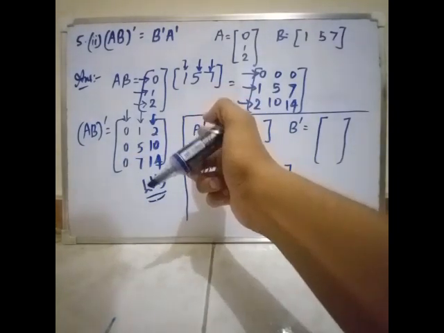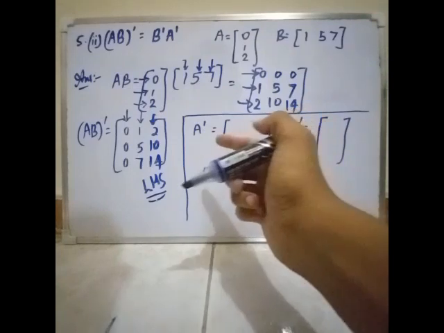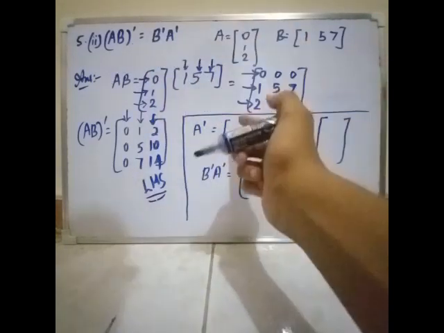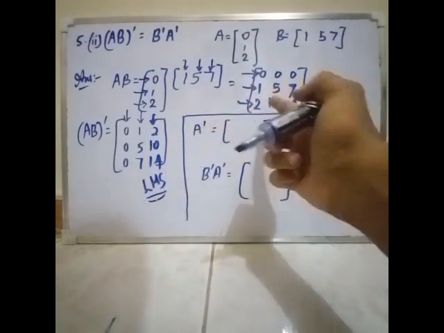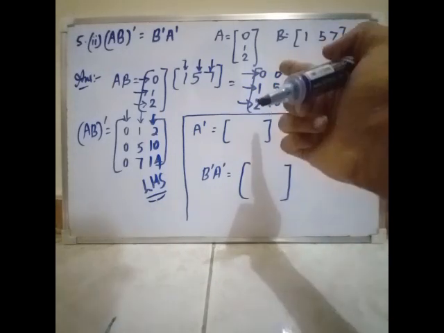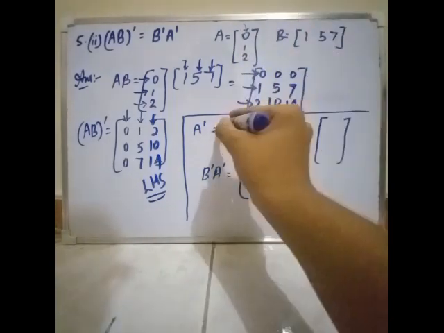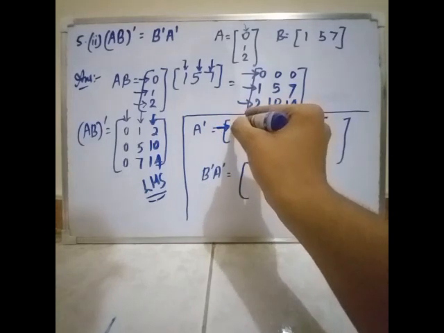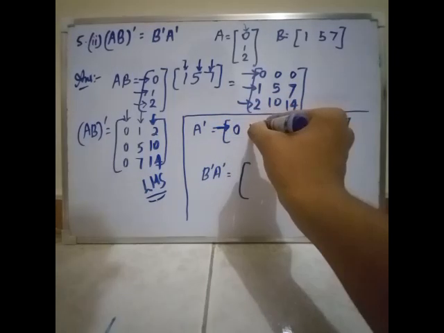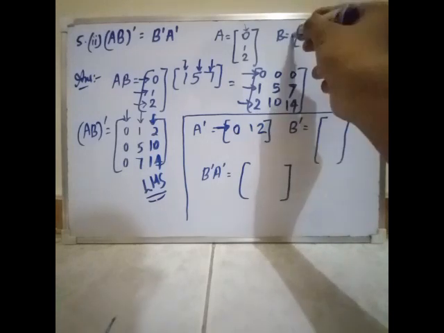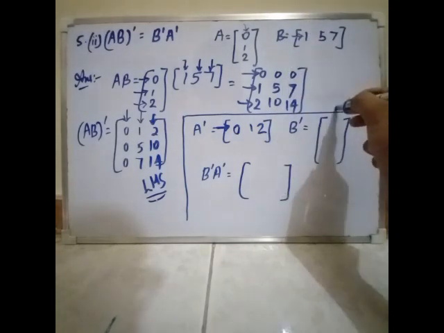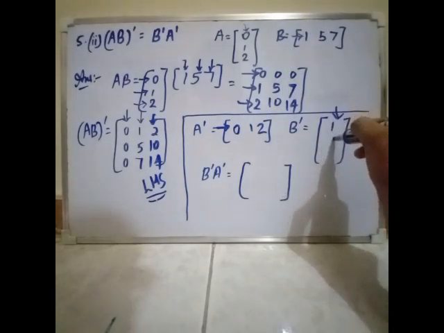So now let's do the other part, the right hand side, B dash A dash. So first of all you have to find out what is A dash and B dash, right? So now here A has one column, so it should have one row for the transpose, right? So 0 1 2. B has one row, it becomes the column for the transpose.